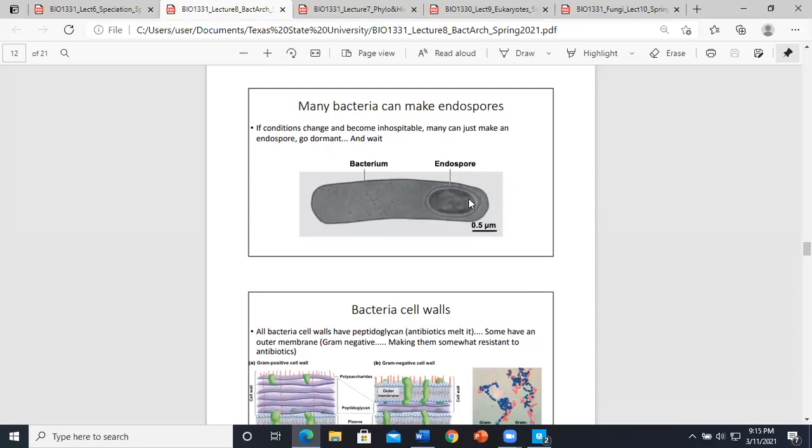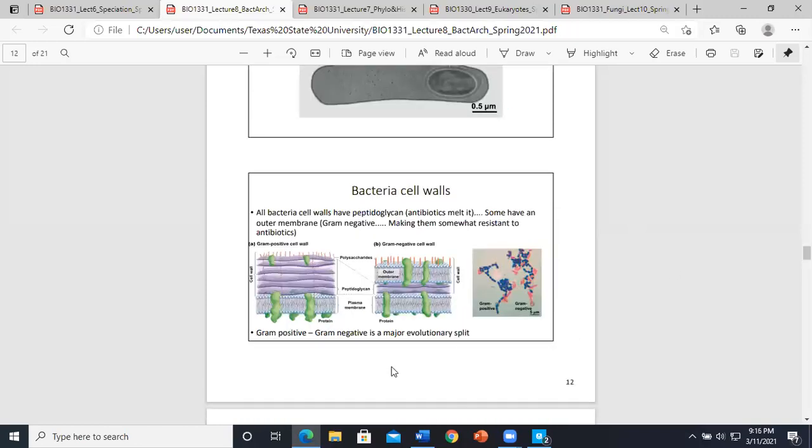But your bacteria is still alive inside this endospore. And then when there are favorable conditions, that bacteria can come back to life. It's like botulism endospores in honey. They could just come back to life, and it's kind of scary because you never know that they're there, because they hide so well inside those endospores.